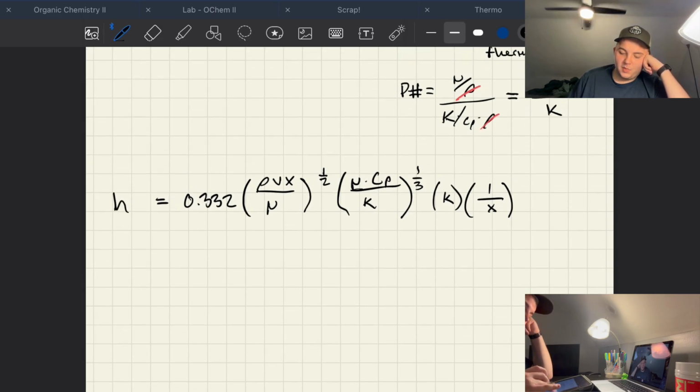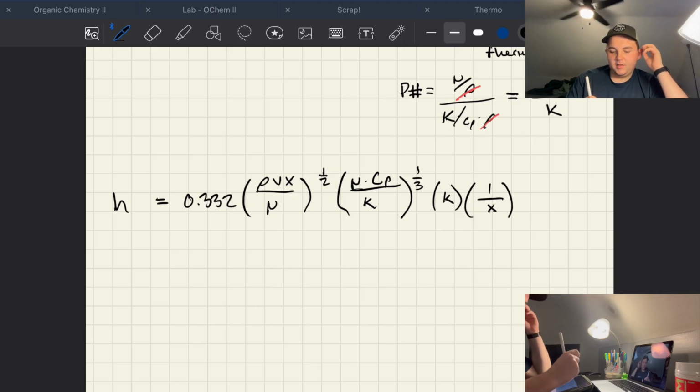Okay, so we have 2 mu's here, but they're not going to cancel because they're at different exponents. And then our x and our k are going to cancel.